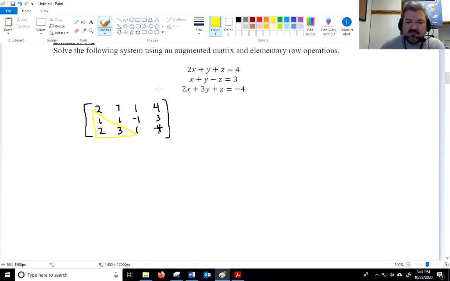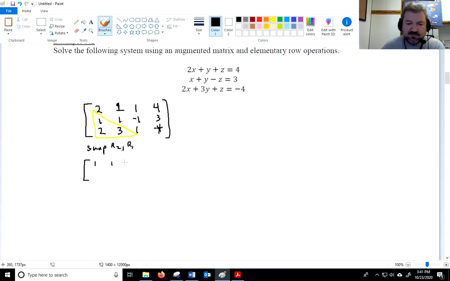All right. Well, actually, the thing about this problem is that I don't like having a 2 in this upper left-hand corner if I can avoid it. Sometimes you can just divide through by something to make it happen. I can't do that here. So I'm actually going to swap row 2 and row 1. Okay, so that's all I'm going to do.